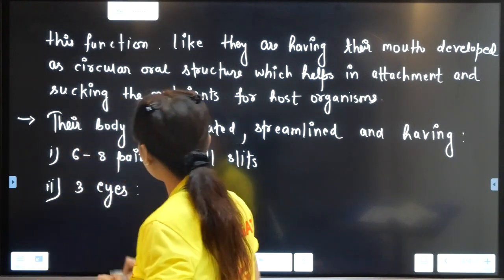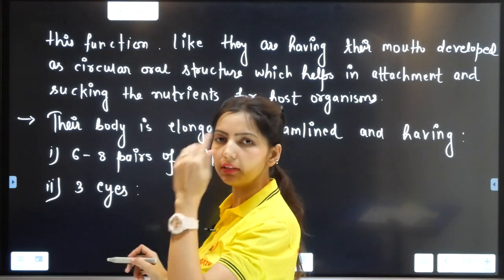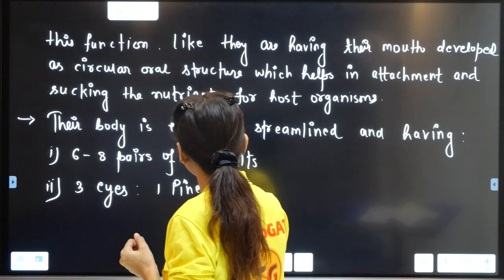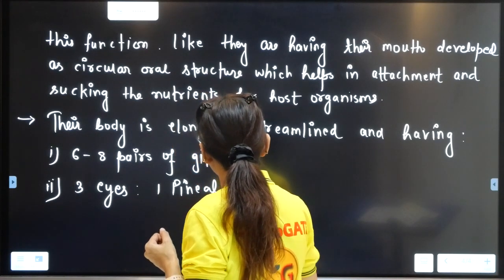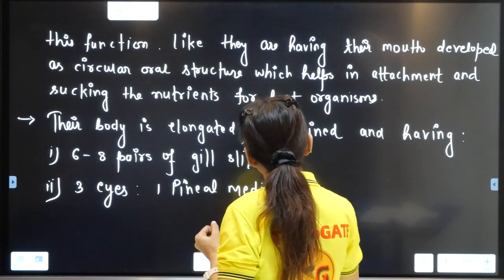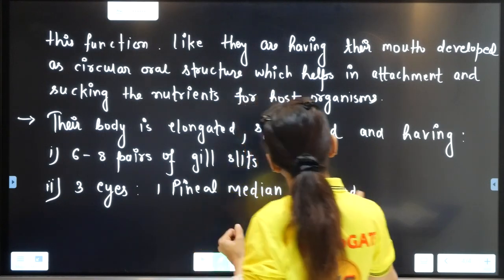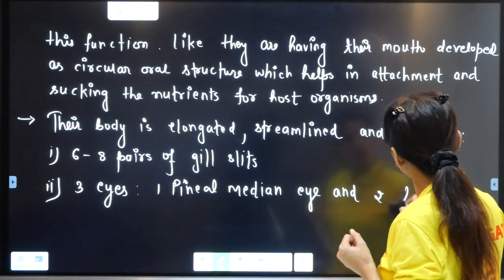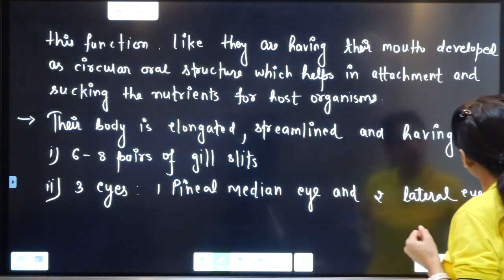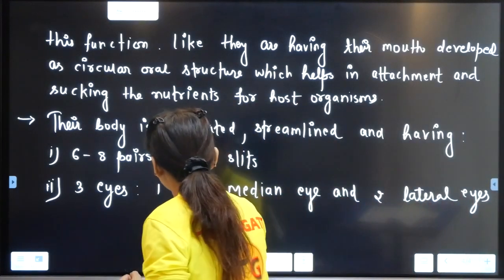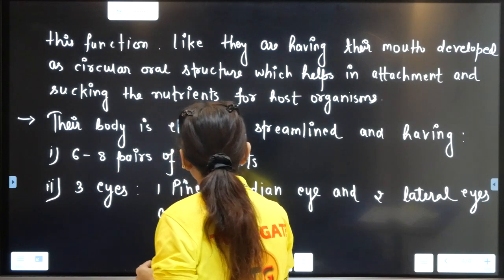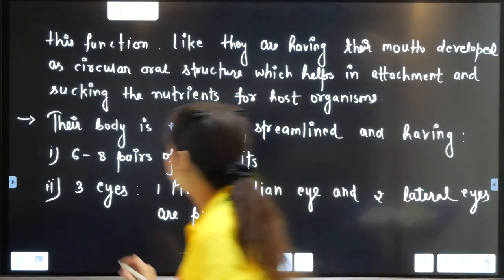It means how are the 3 eyes present? 2 are present laterally, one is pineal median. So one pineal median eye and 2 lateral eyes are present. Is it clear? Now write down the next point, everyone.